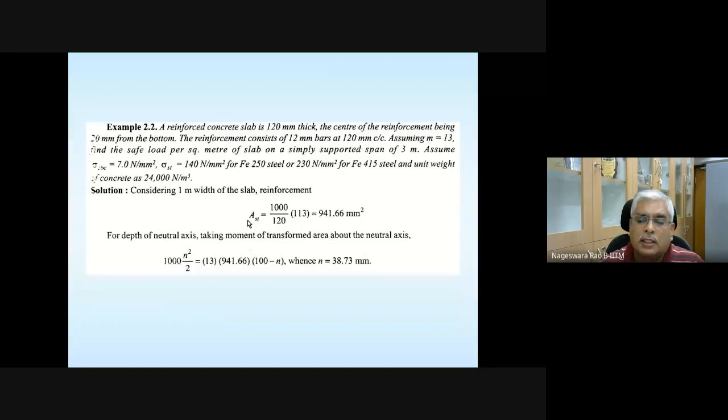And when you select 1 meter width, how do you get the reinforcement? How do you get the steel amount? That depends on the spacing of the rebars.